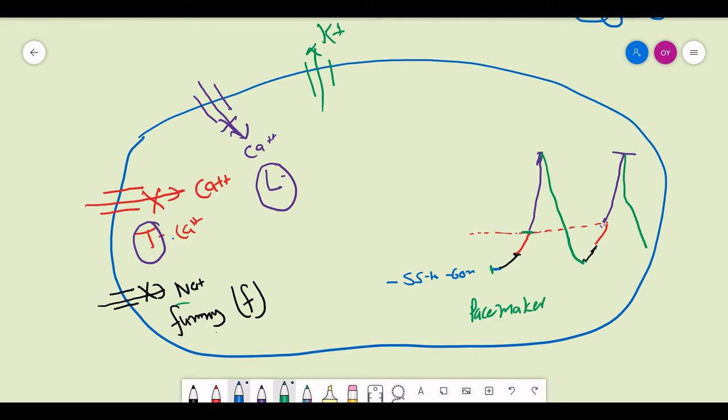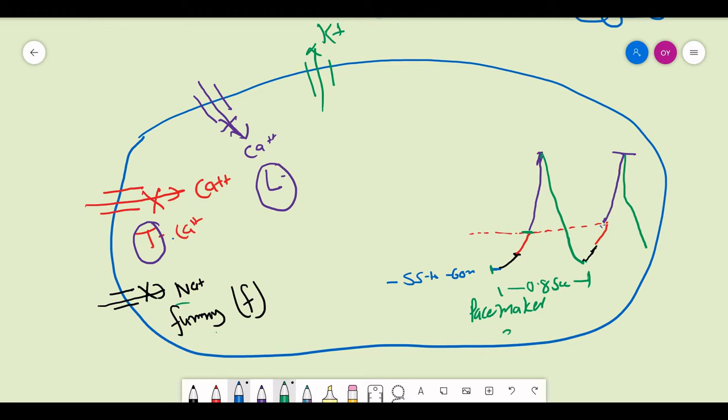So this is how the action potential generates in the SA node at regular intervals, and that interval is usually 0.8 second. And you know that the autonomic nervous system can change this rate. The sympathetic nervous system increases heart rate and the parasympathetic nervous system decreases heart rate. So how does that happen?